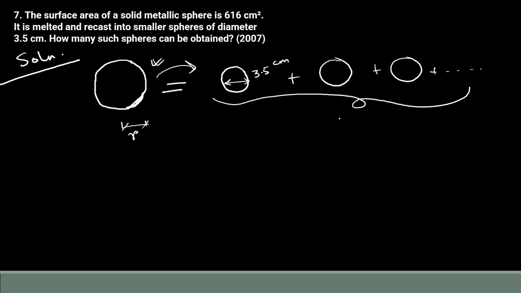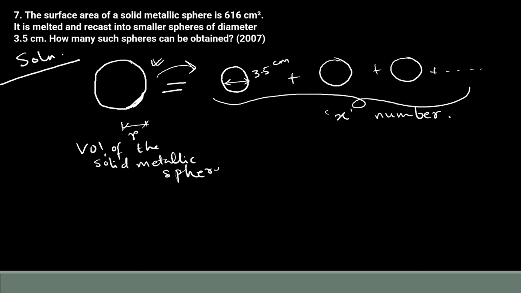So let's say x number of small spheres. According to the rule, the volume will be equal. The volume of the solid metallic sphere will be equal to all the volumes of the small spheres, and all are equal, right?